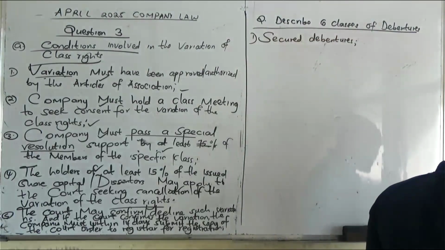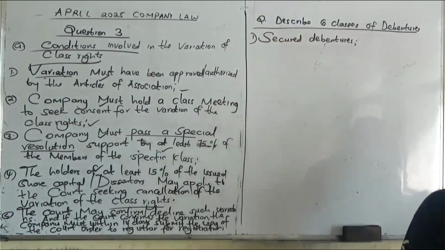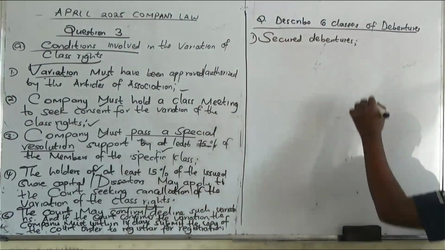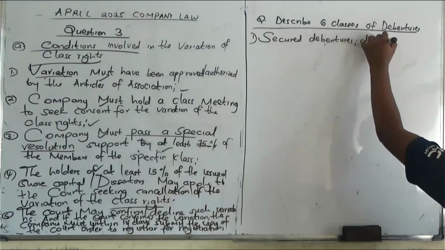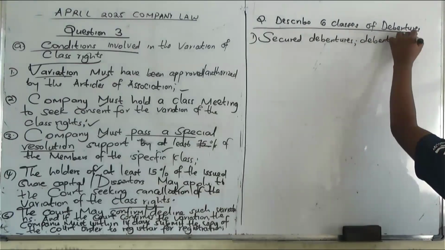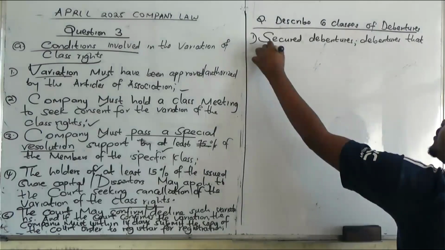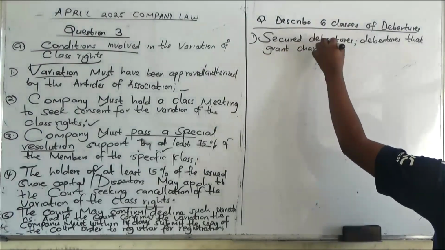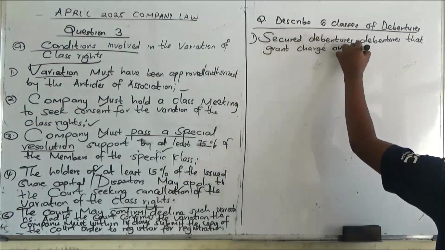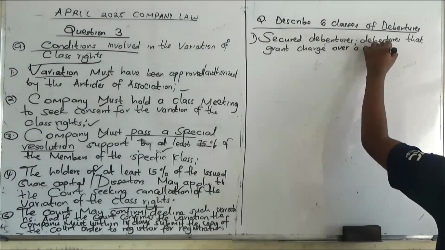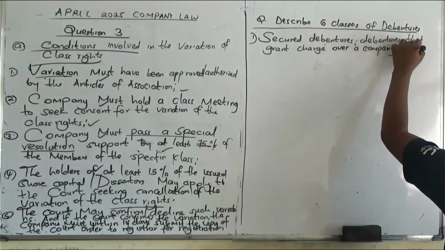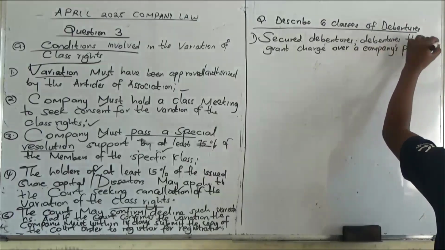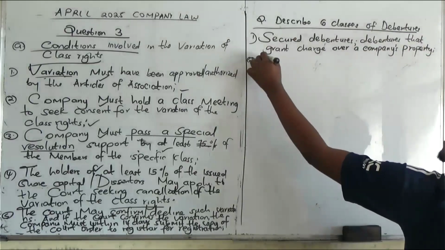These are debentures that grant a charge over property of a company. What did we say is the meaning of a charge? An interest over a company's property.